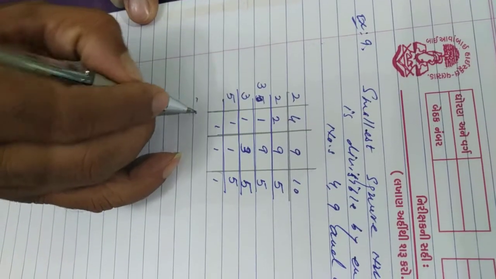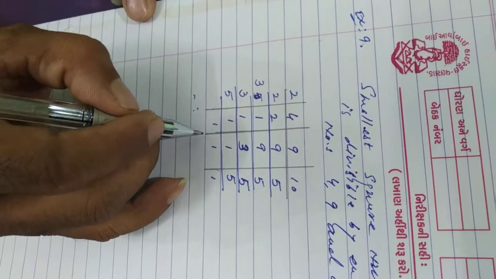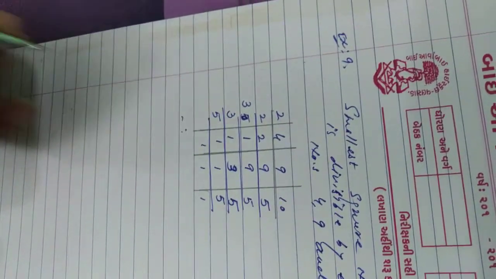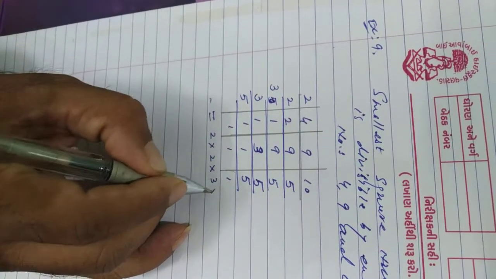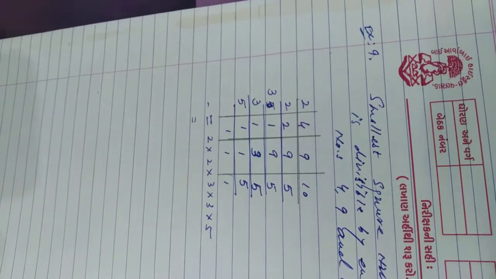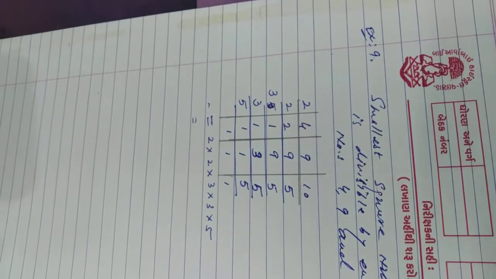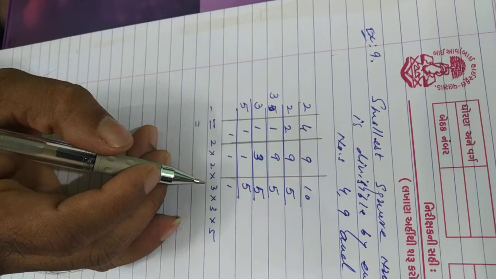So therefore, what are the factors we got over here? LCM is equal to 2 multiply 2 multiply 3 multiply 3 multiply 5, right? 2 square, 3 square and 5.